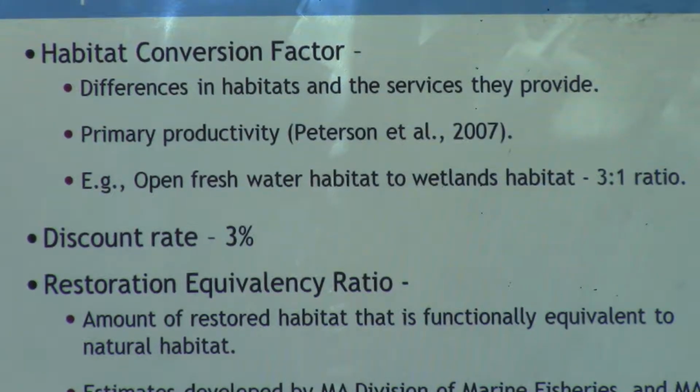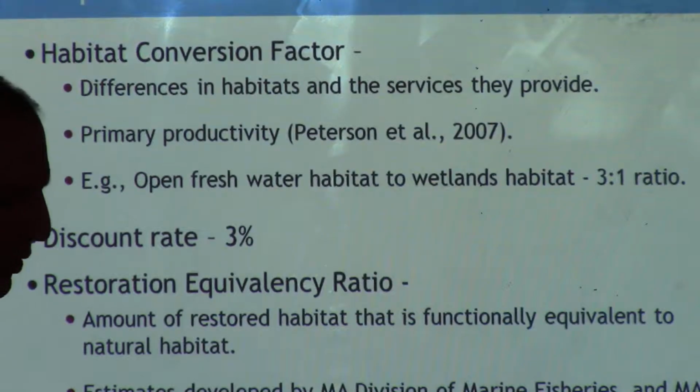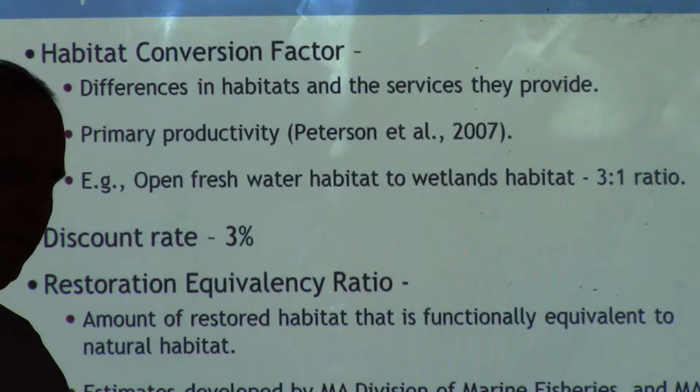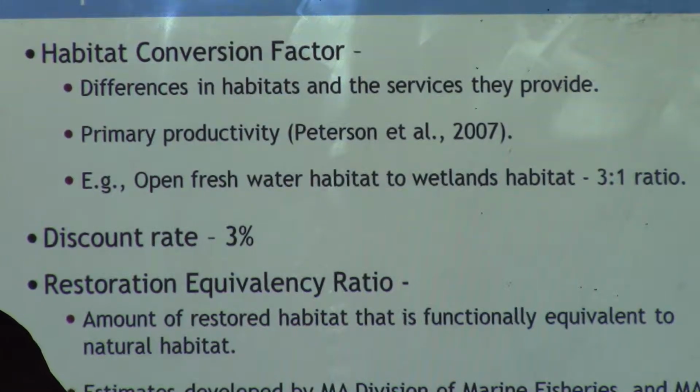Historically, there is precedent for using Peterson et al. 2007, based on primary productivity ratios in other NRDs across the country. Here we're looking at open freshwater habitat to wetlands habitat in a 3-to-1 ratio.